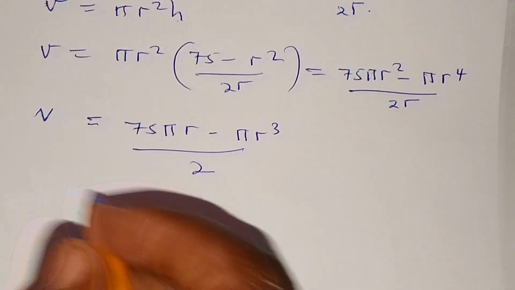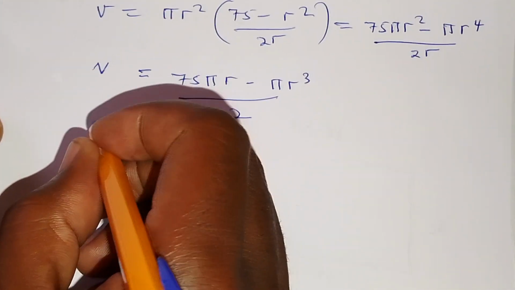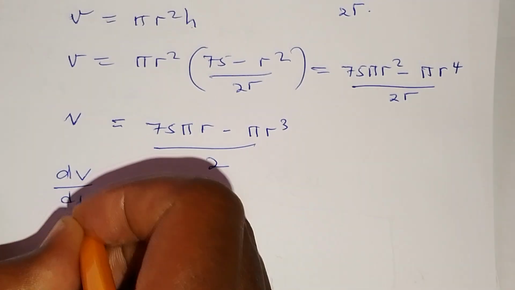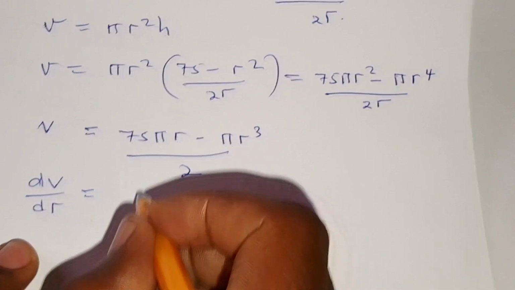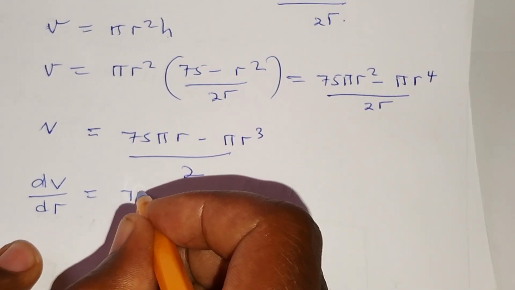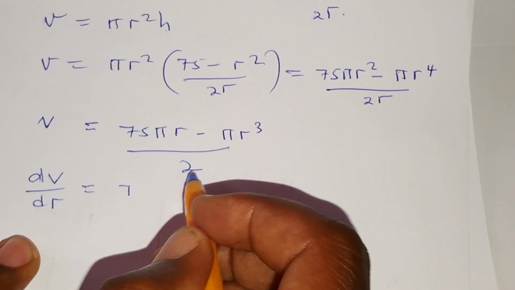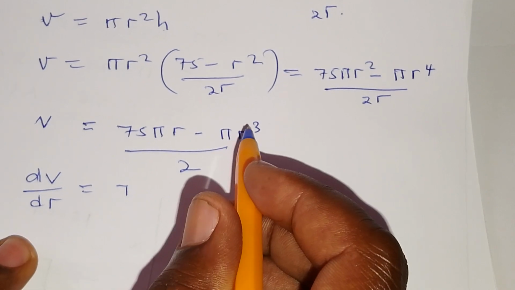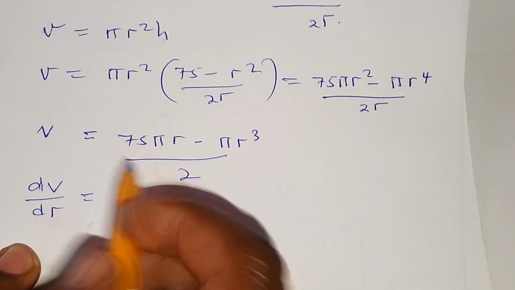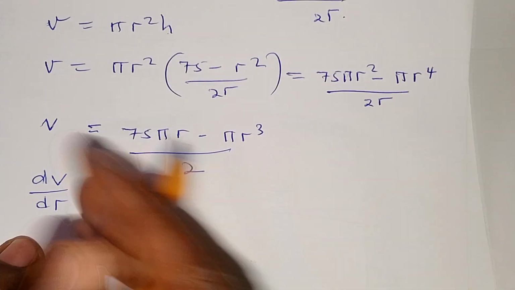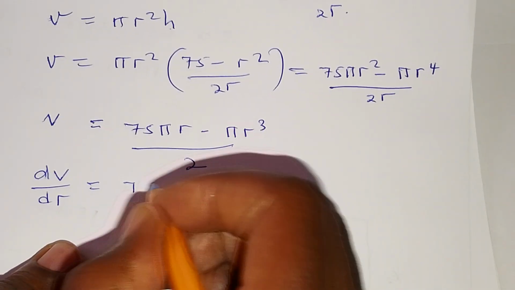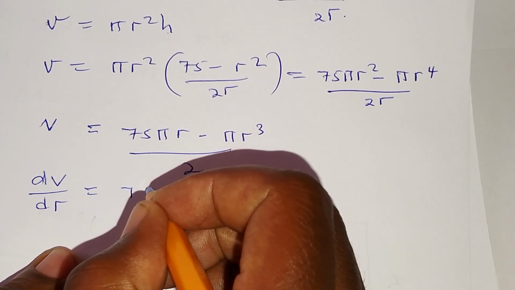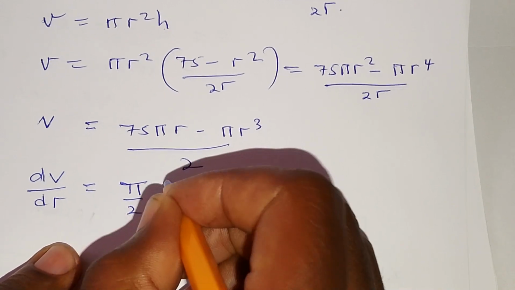Now let's get the derivative of volume with respect to r. So dV over dr, we can see 75 pi over 2 minus pi r cubed. Some of the constants can hang loose, so we can take them out. So let me take pi over 2 out.